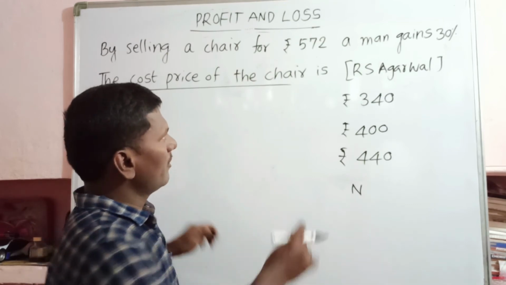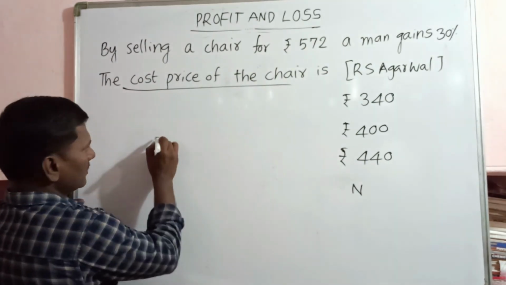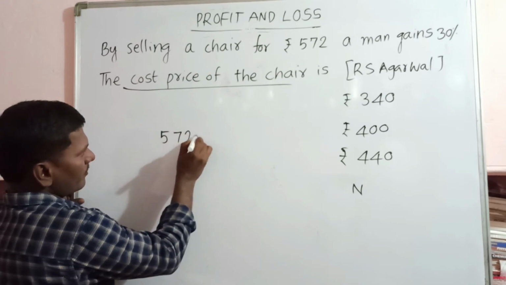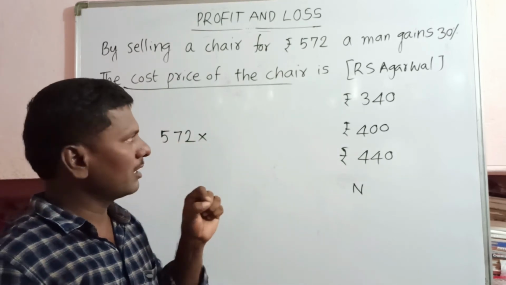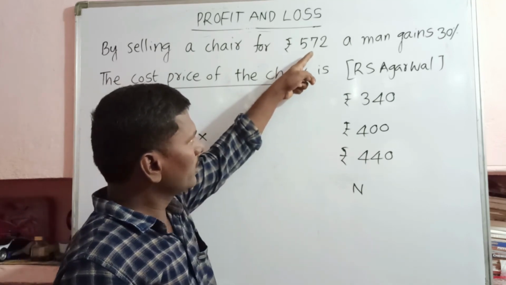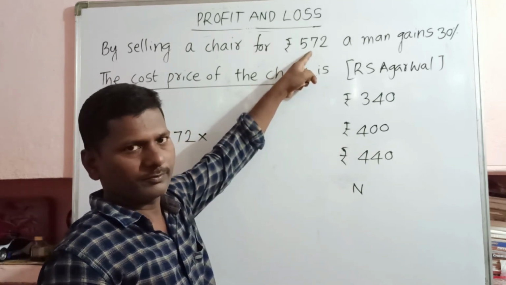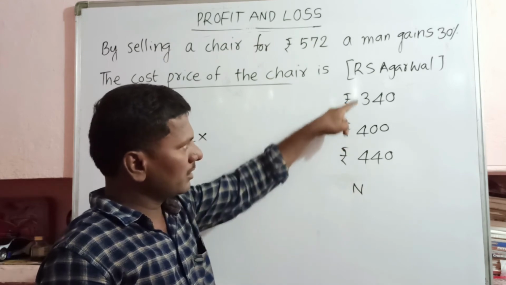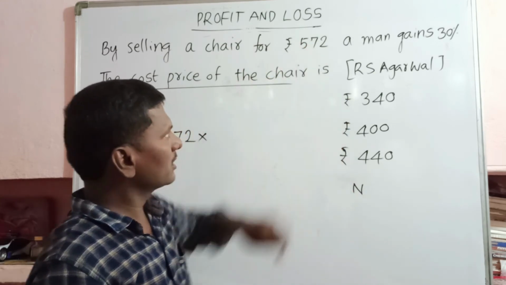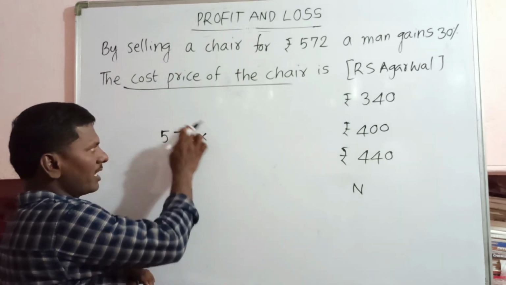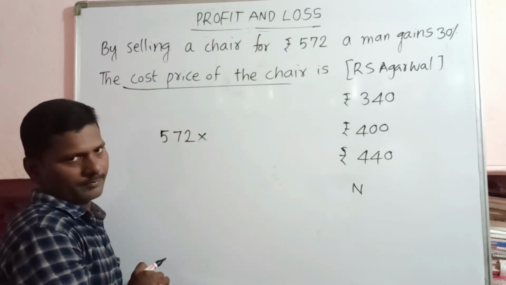First write the value, that is 572 rupees. After writing this, you have to get an answer more or less than this 572. All options are given less than 572 rupees. That means we have to make this 572 less.